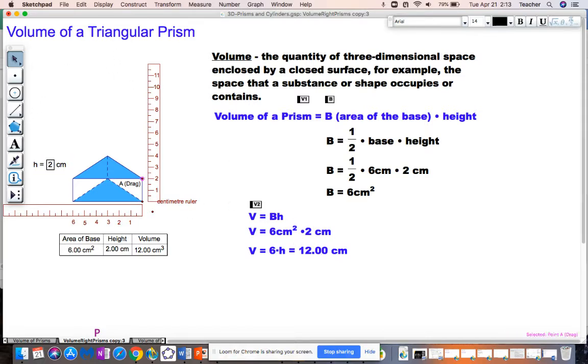Now this should be centimeters cubed. That should be in there. Okay, but that's always going to be true. Area of the base times how tall it is is always going to be true with rectangular prisms and triangular prisms, along with cylinders we're about to talk about.